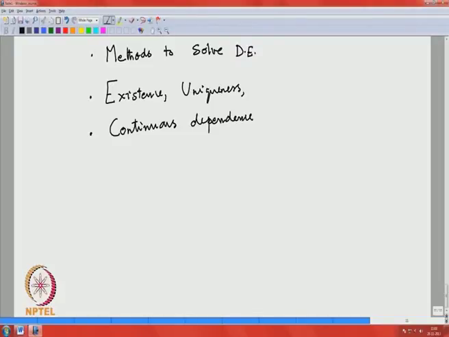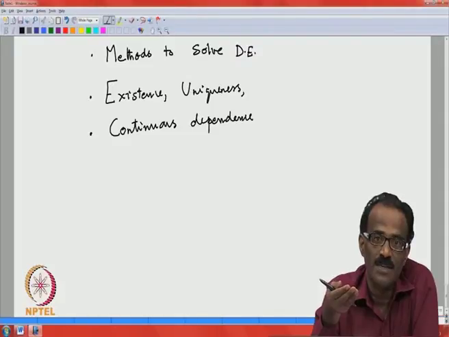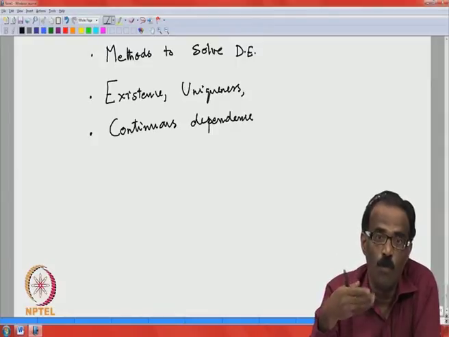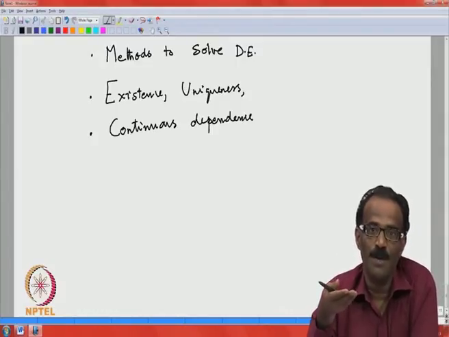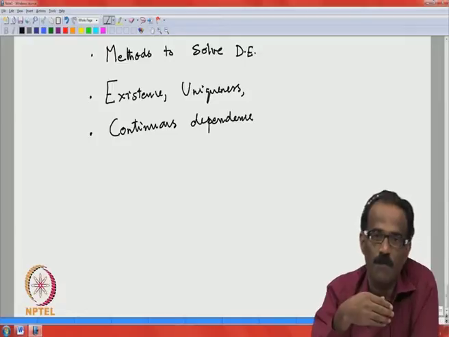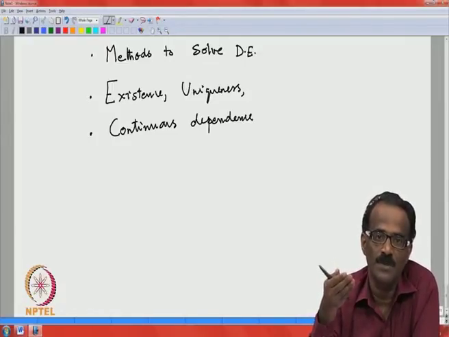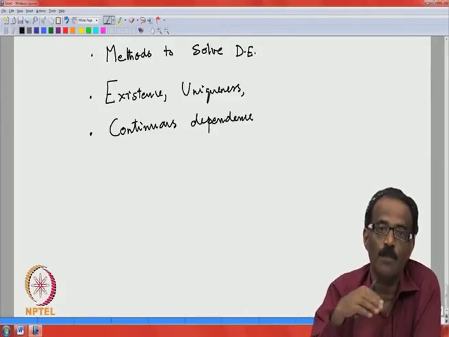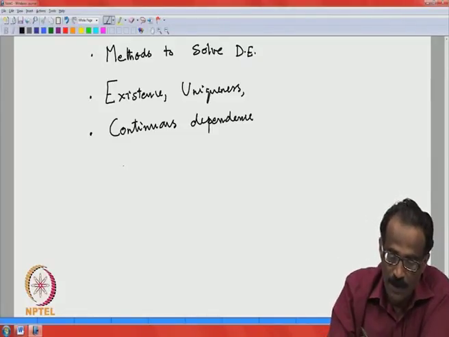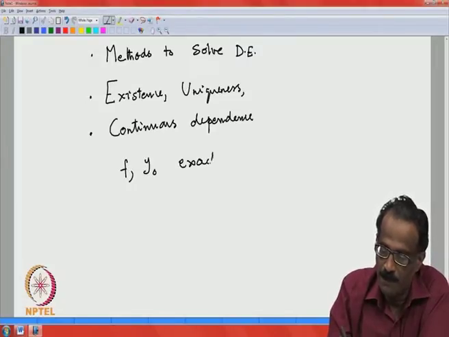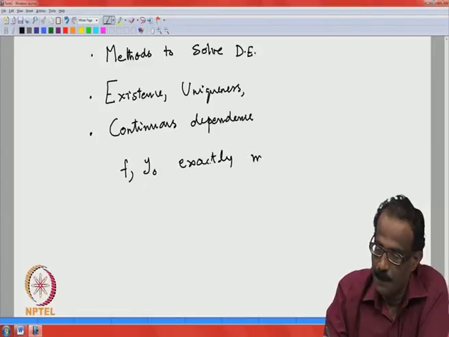For example, the dynamics F or the initial conditions phi naught may not be available to you, it may be coming through some data. In fact, even the explicit form of F may not be available. What may be available is a finite set of data for F. Using the finite set of data and approximation schemes, you may be able to approximate F. So, you may not have F and y naught exactly available.